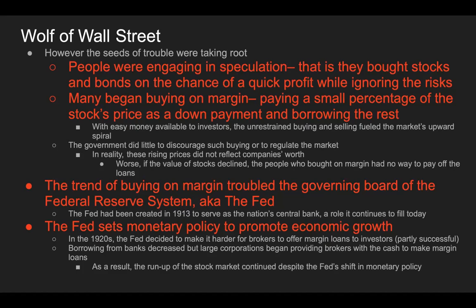The government did little to discourage such buying or to regulate the market. In reality, these rising prices did not reflect companies' net worth. Worse, if the value of stocks declined, the people who bought on margin would have no way to pay off the loans. And so that's why all this is culminating together, you have people paying a small percentage of a stock, $5 for $100 worth of stock, $5 down.